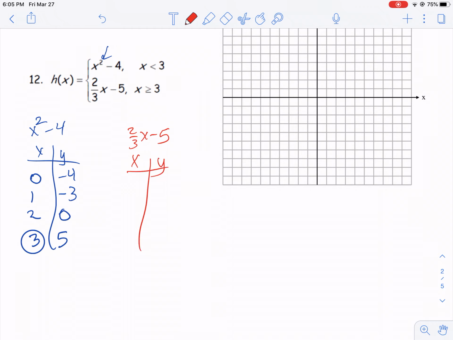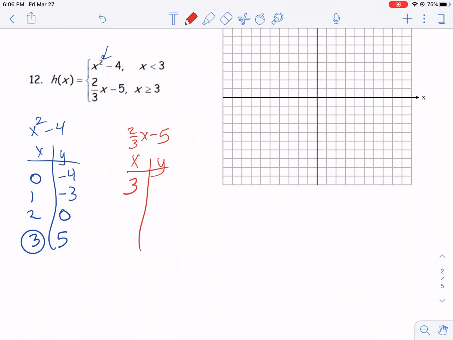And this says for values greater than or equal to 3. So I'm going to type that in my calculator. 2/3 x minus 5. Now when I go look at a table for this one, I'm getting some really nasty looking decimals.